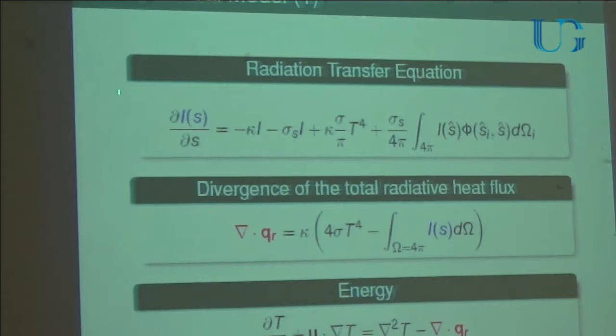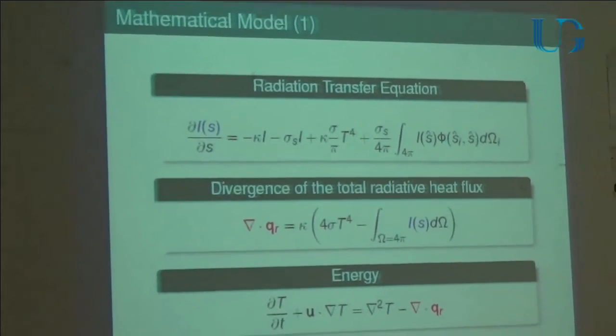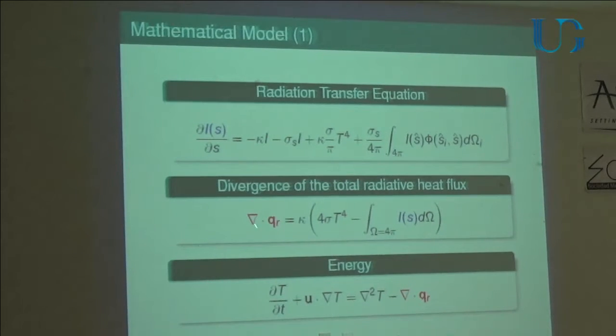So this is the equation I had before, and if I want to calculate the source of energy inside my reactor due to the presence of light radiation, I just take the divergence of the heat source, and it will be of this form.